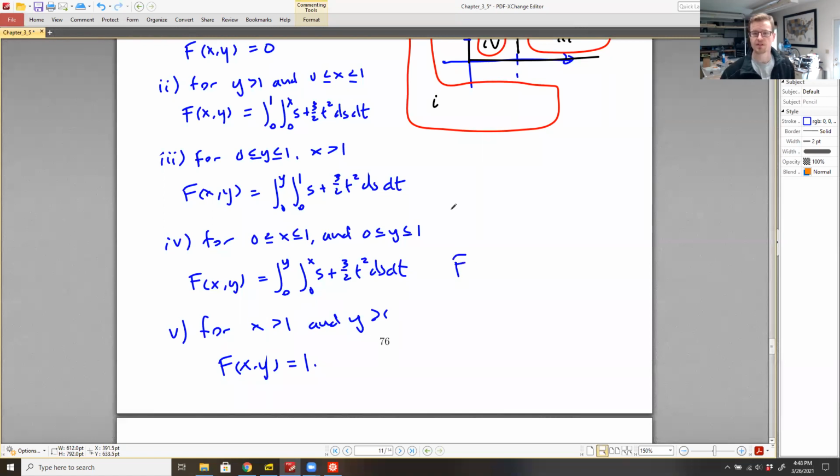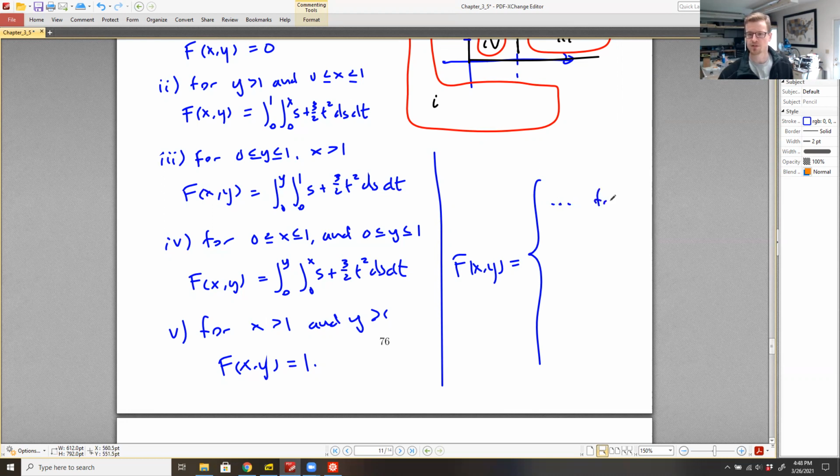If I actually wanted to say what the function is, F of x comma y, this is equal to, it's piecewise, and it should be whatever that integration was for our first condition, for our second condition, where these are just abbreviating for these. In the first case, x less than 0 or y less than 0.